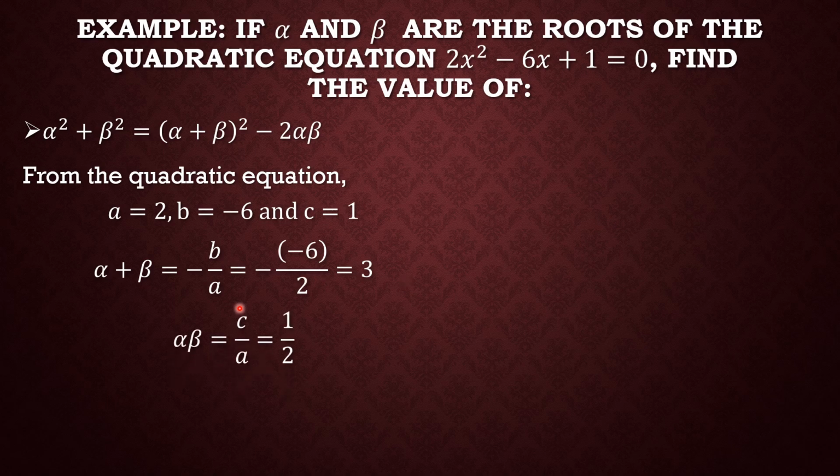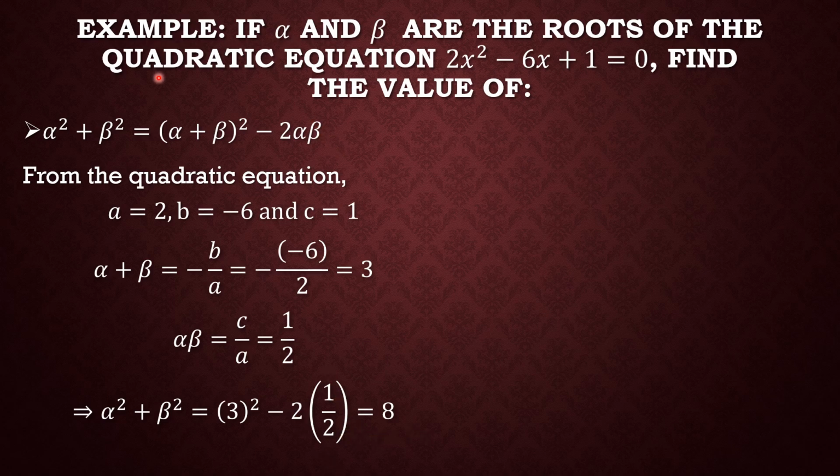When we do that, we also find the product, and the product will be c divided by a. And remember, c is 1, a is 2. Then we end up getting 1 over 2. So when it happens, then we have to go back to the expression and substitute the sum value and the product value. When we do it, we are going to get 3 squared minus 2 times 1 over 2, and the answer will give us 8.